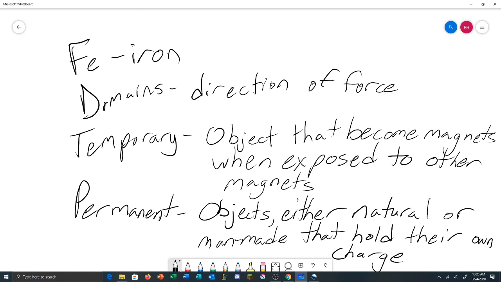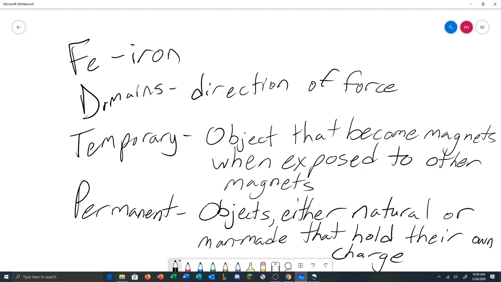So these are the main things to take away from this lesson. Iron, ferrous materials, Fe, that is what most magnets attract, or all magnets attract. Some of them also attract cobalt, nickel, a couple other metals, but for the most part, it has to be a ferrous material, iron-based. Domains is the direction of force that a ferrous material has.